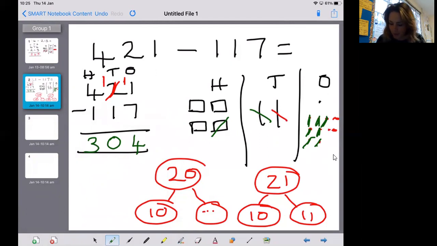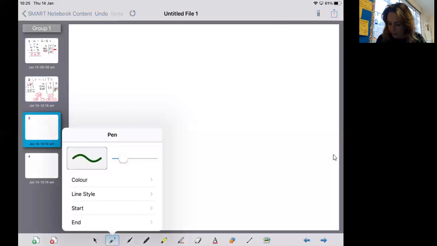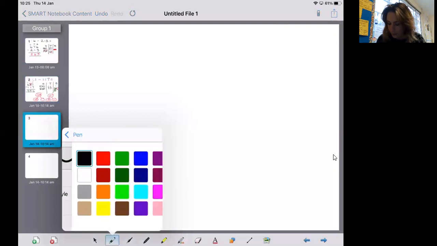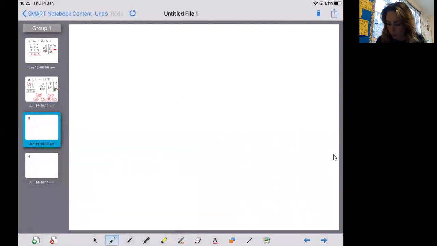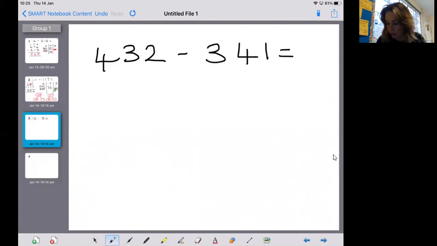I'm going to do one now where you have a regroup of the tens. So we will do 432. We're going to take away 341 equals.